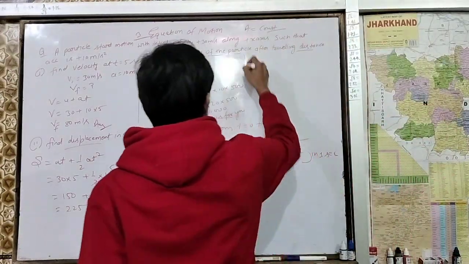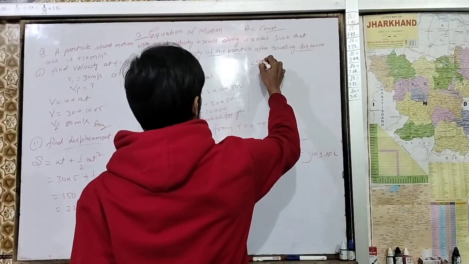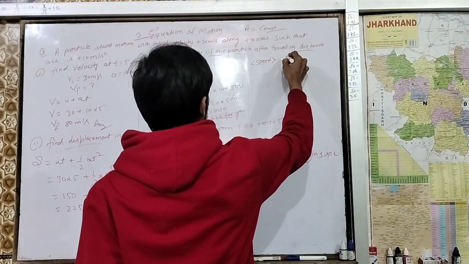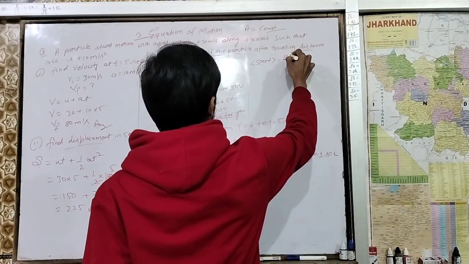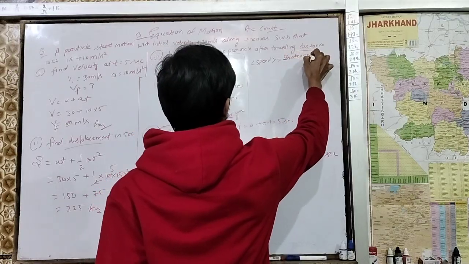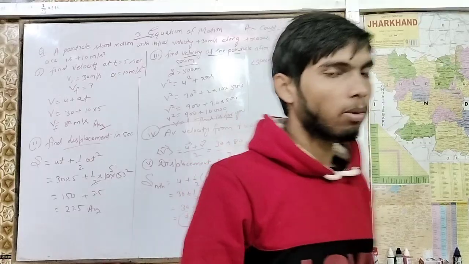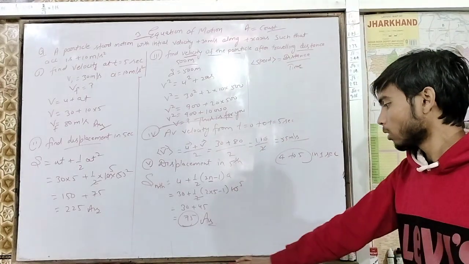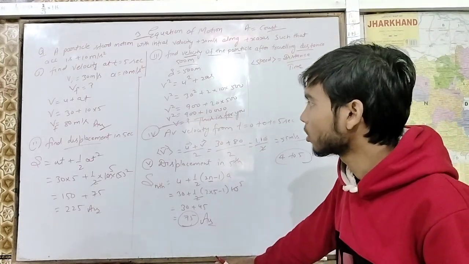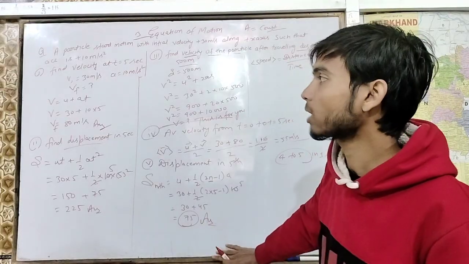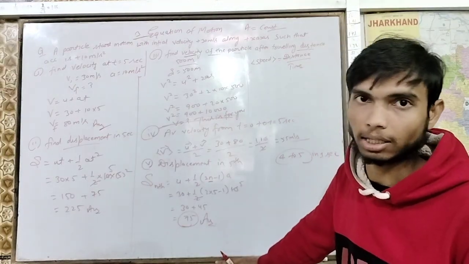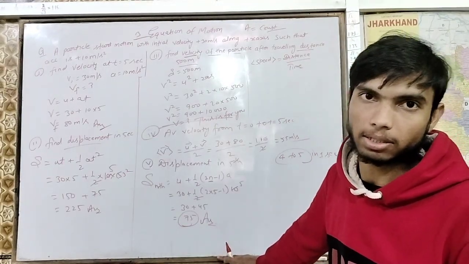Now let's see average speed. Average speed, we know, is total distance upon time. Time is 5 seconds. But what about the distance? From this answer we cannot get the exact distance.